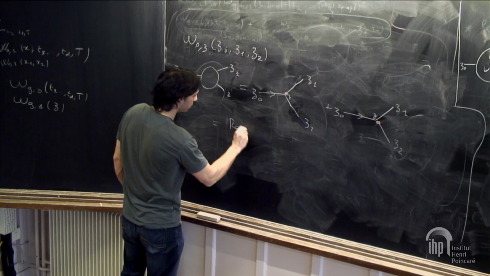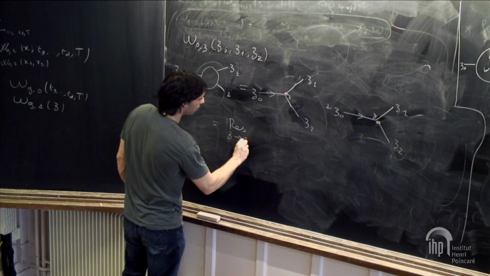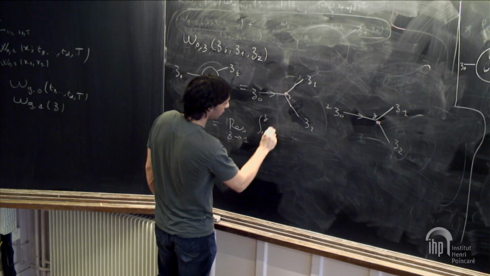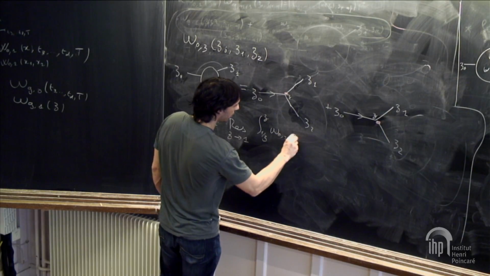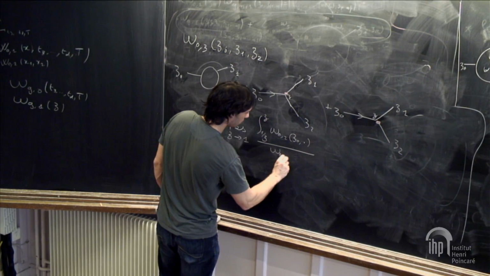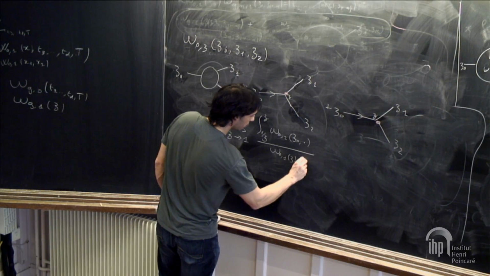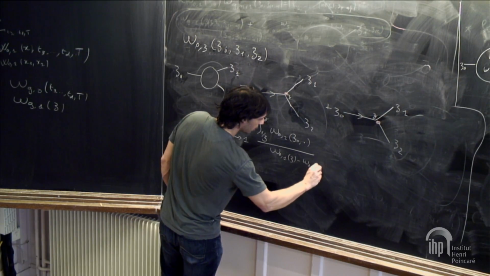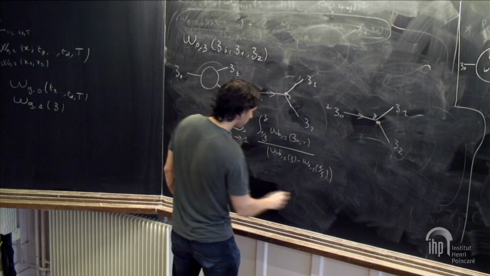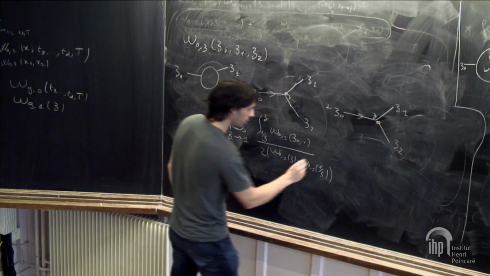Now if I write it down explicitly, I've got the residue when Z goes to 1, the integral from 1 over Z to Z of omega 0,2 of Z0, with a 2 here.